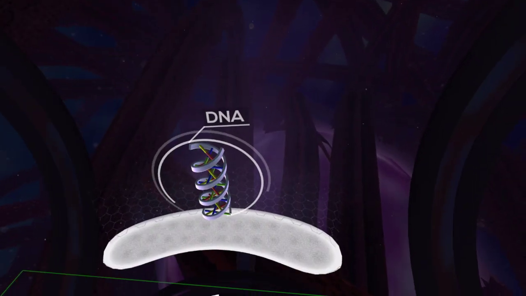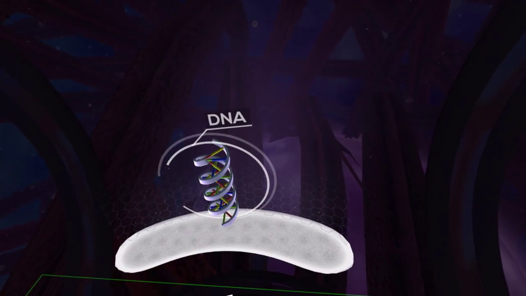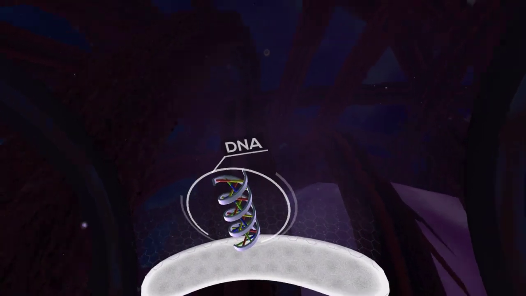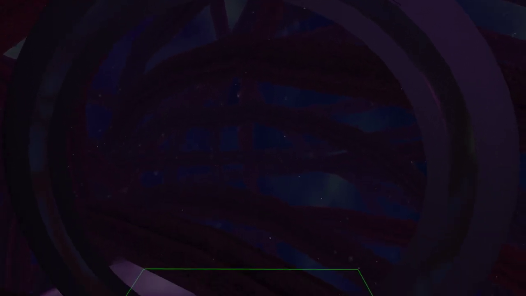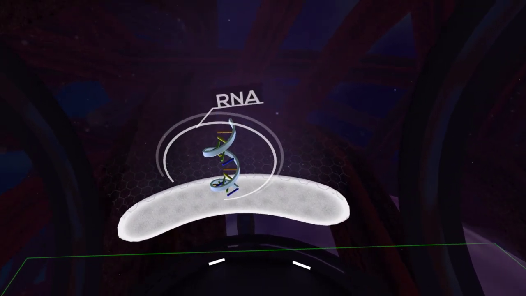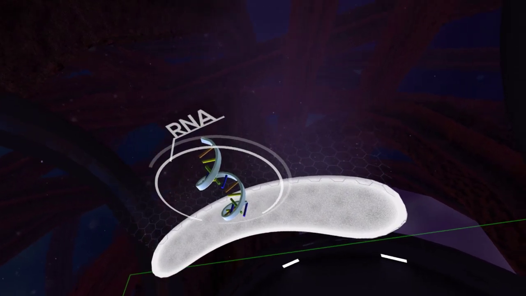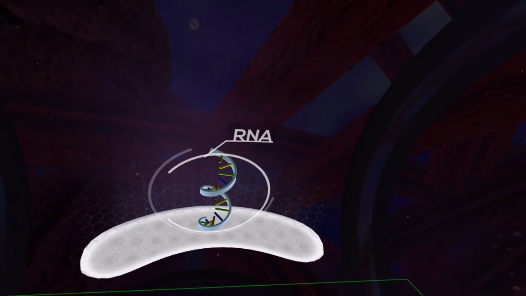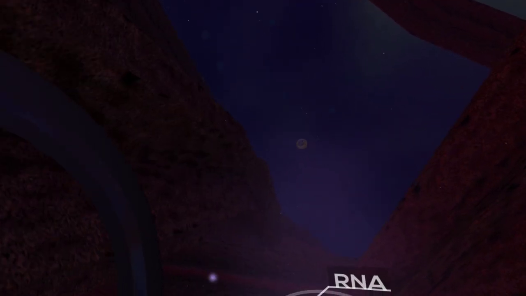The DNA contains instructions for protein synthesis. In the process of transcription, a segment of DNA is copied into RNA, or ribonucleic acid, containing a single recipe for protein creation.